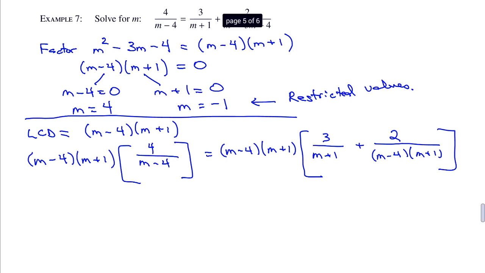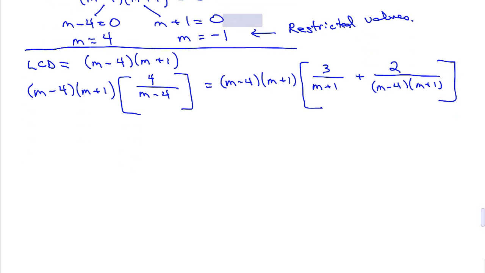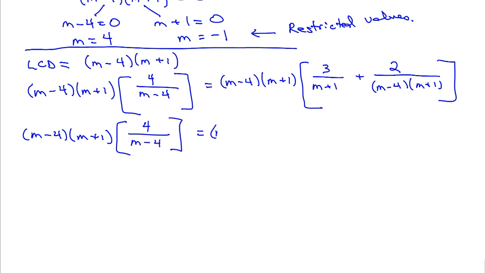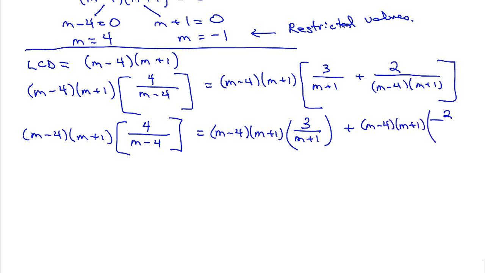Next, I need to distribute the terms on the right, so I'll leave the left side alone for now. On the right side, we get m minus 4 times m plus 1 times 3 over m plus 1 plus m minus 4 times m plus 1 times 2 over m minus 4 times m plus 1.